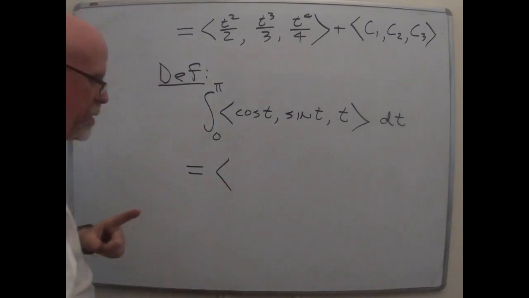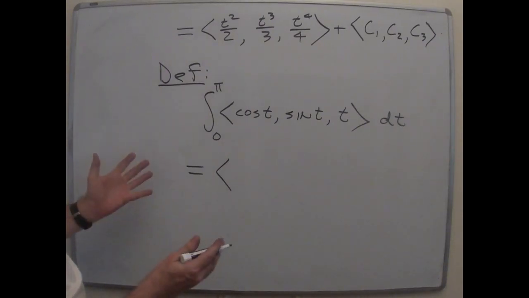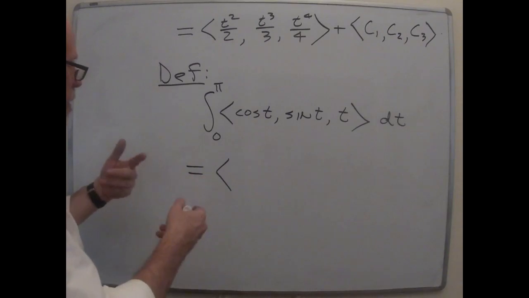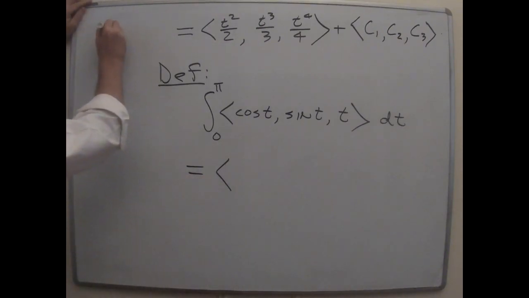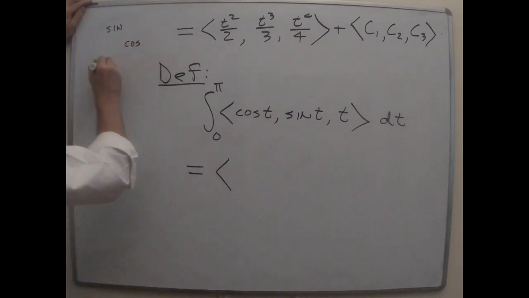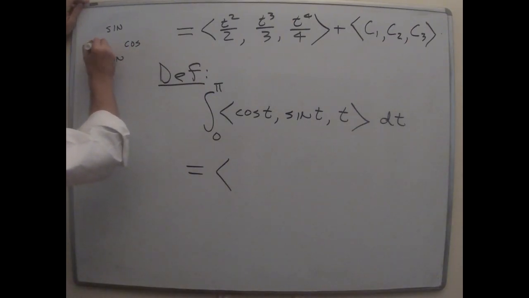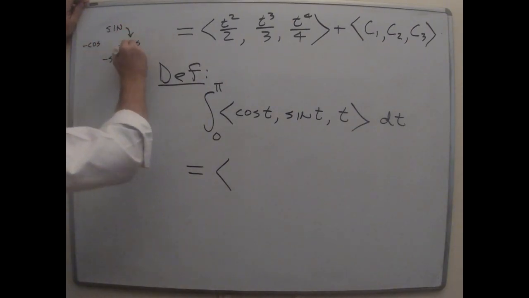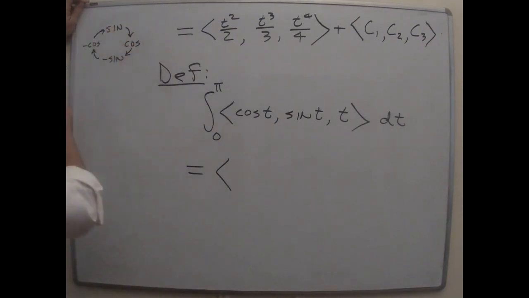Nice memory trick. I find people really enjoy this because for some reason cosine and sine are hard to keep straight when we're integrating and differentiating. But if you make this little diagram, which has the order in which you run through those four functions, the cosine and the sine both plus and minus, the arrows I've just drawn are for differentiating.